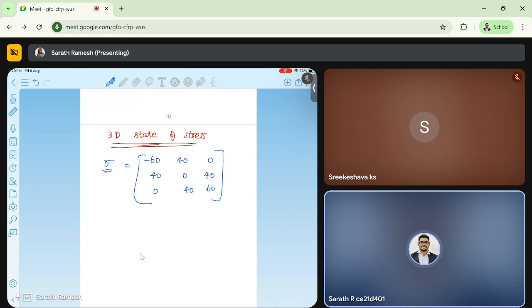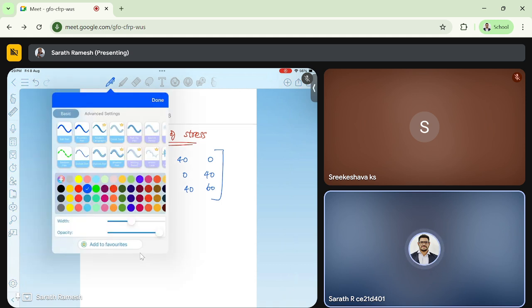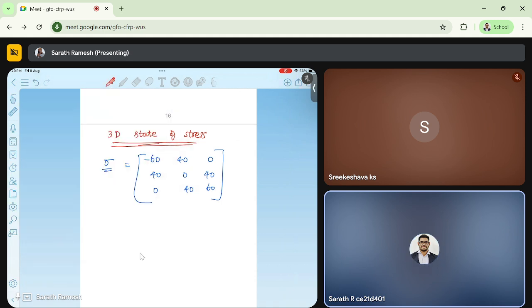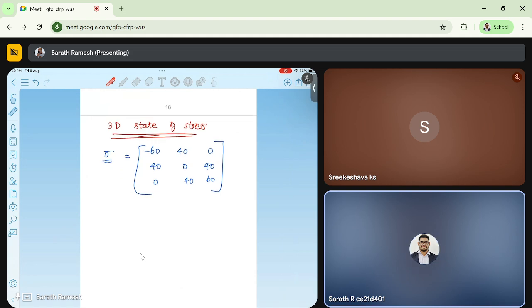Now, when it comes to 3D, just to add some concept, sigma of n is sigma transpose n dotted with n, right?